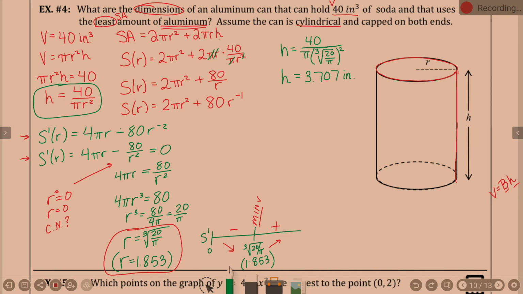Okay, guys, so I have written down the can measures. I have radius, 1.853 inches, and height, 3.707 inches.